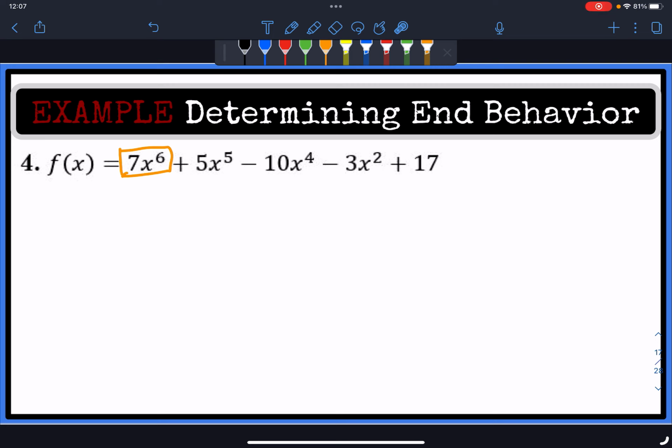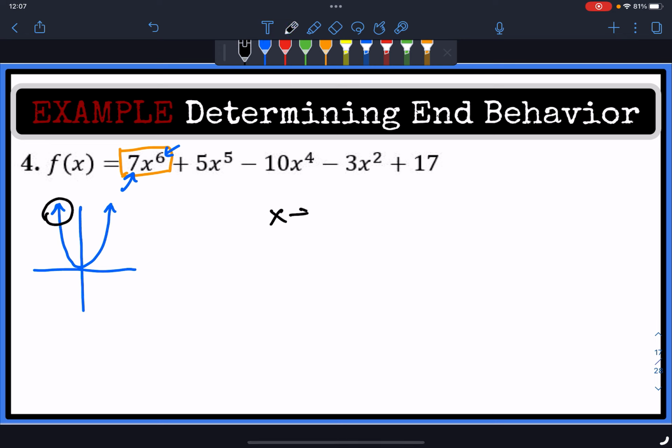In this example, since we have an even exponent and a positive coefficient, it's going to behave like the power function pointing upwards, like the one that makes a U. So the left end is described by using this arrow notation.